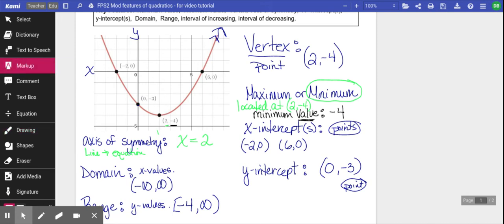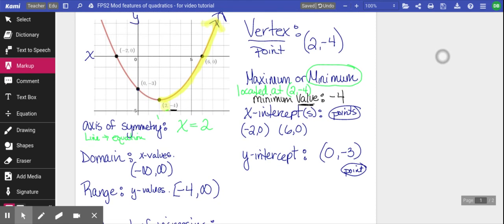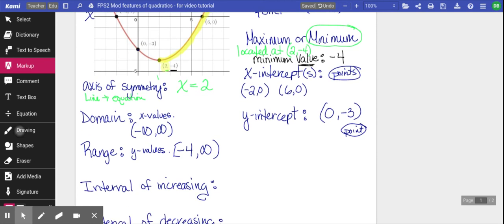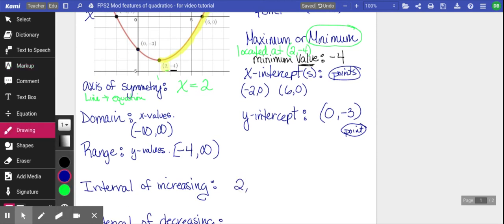Well, if we start at that vertex, the graph starts to increase right at that vertex and continues on in the positive direction of x. So looking at that x value, our graph starts at 2 and continues to increase to infinity.